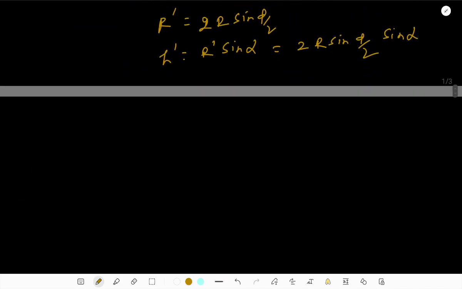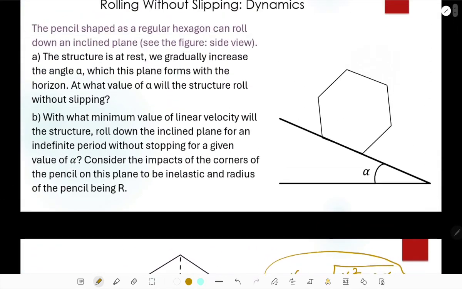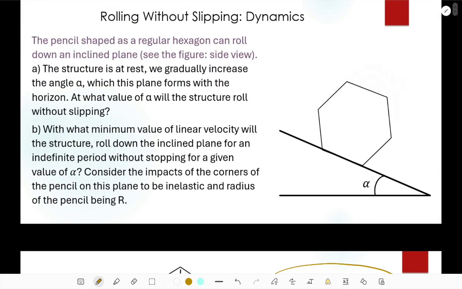To maintain the condition of this problem, v3 should be equal to v1, because remember the statement of the problem. It said: with what minimum value of linear velocity will the structure roll down the inclined plane for an infinite period without stopping for a given value of alpha.